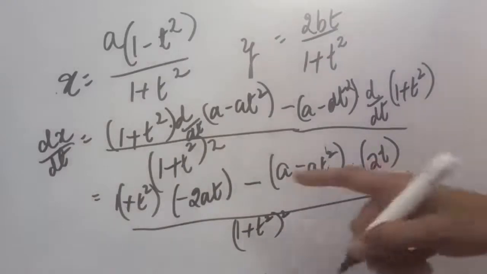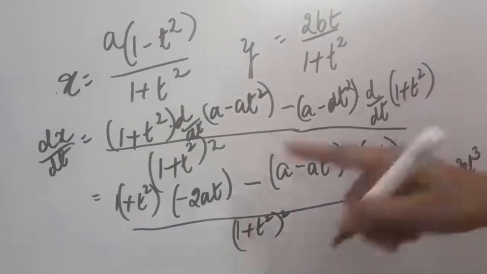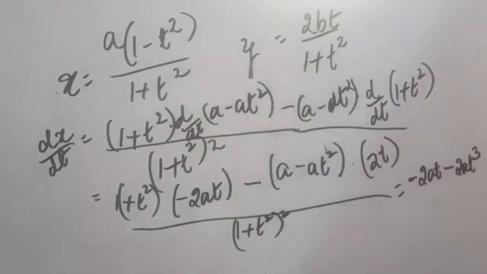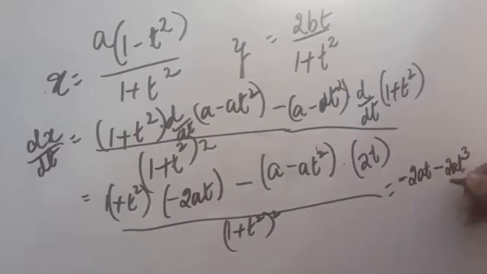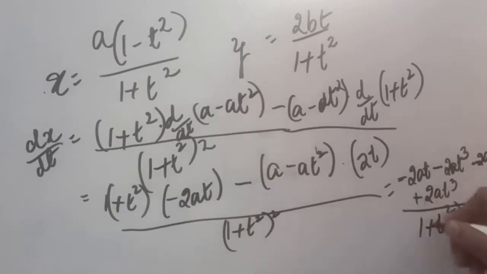So now if we want to solve it, we can open the bracket. Opening the bracket from first, you will be getting minus 2at and minus 2at cube. We have multiplied it, and from this side you will be getting minus 2at and the other will be plus 2at cube divided by 1 plus t square whole square.